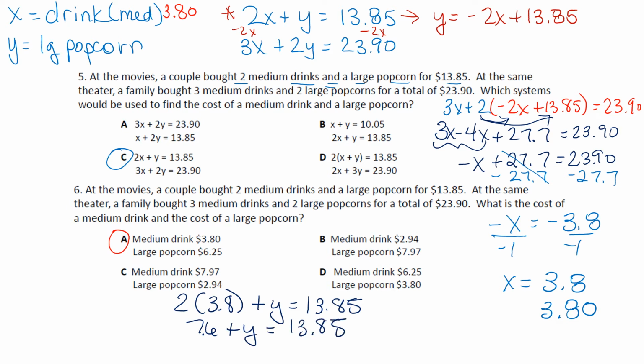And then we would subtract 7.6 on both sides. And that's going to give me 6.25. So we do know we have the correct answer. Always double check your answers to make sure that you have not made a mathematical error somewhere along the way.